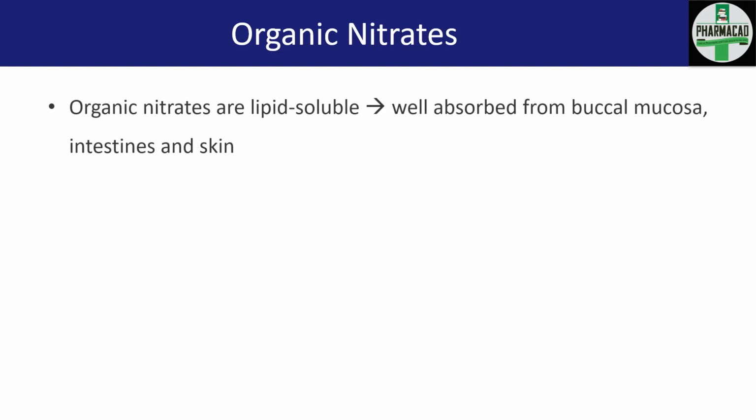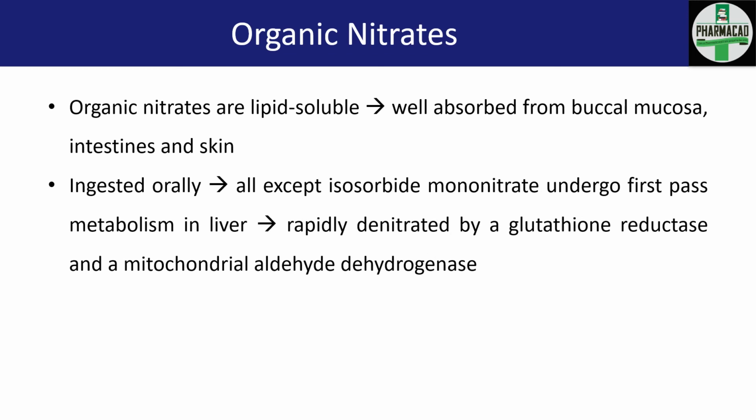Organic nitrates are lipid soluble, and that's why they are well absorbed from buccal mucosa, intestines and skin. Most of them are administered orally, and all of them are metabolized in the liver and undergo first pass metabolism, except isosorbide mononitrate.